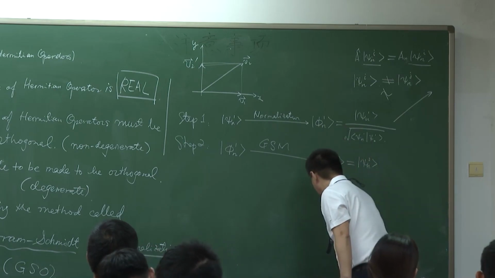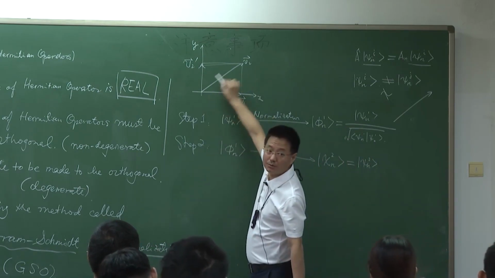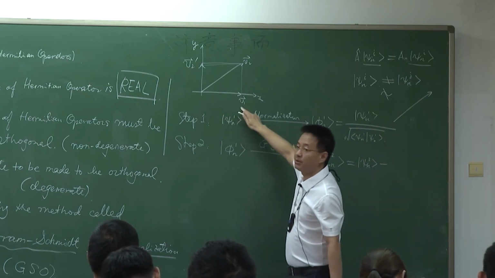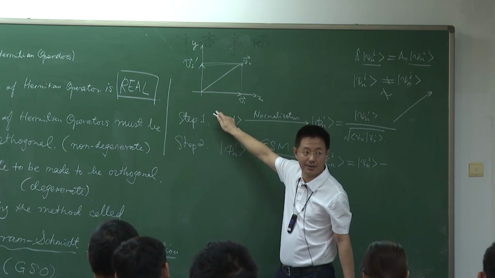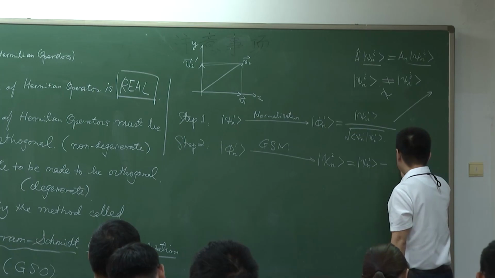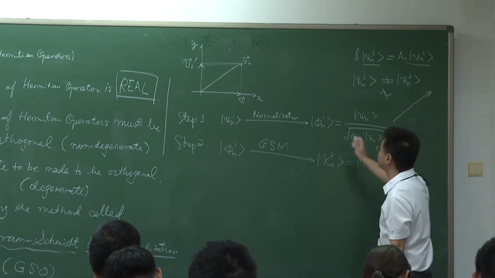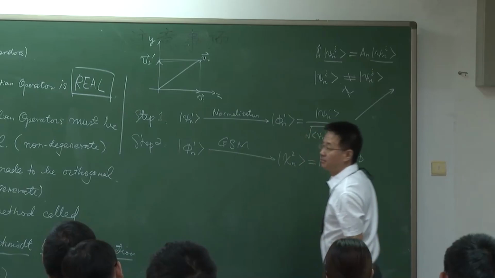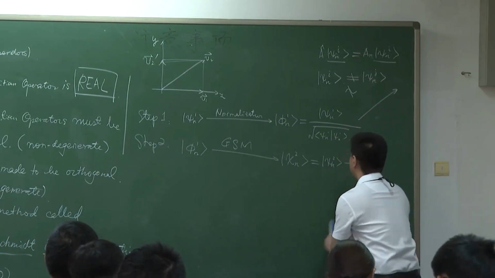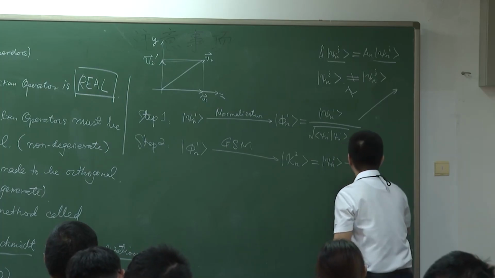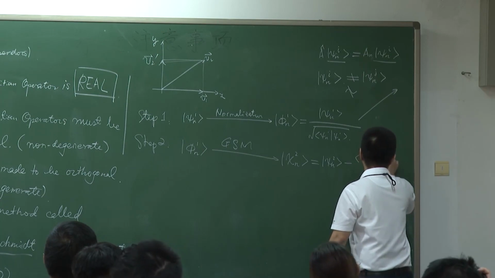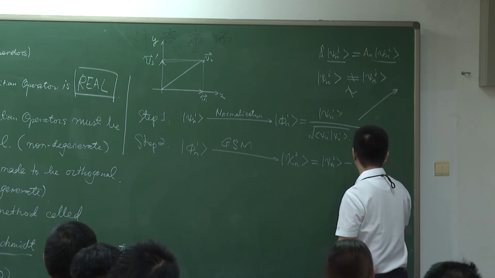What is psi n2? This is psi n2, right? Minus what? Minus this component, the parallel component of that. And what is the parallel component of that? It is this projection to this axis first. You have psi n1 and psi n2.